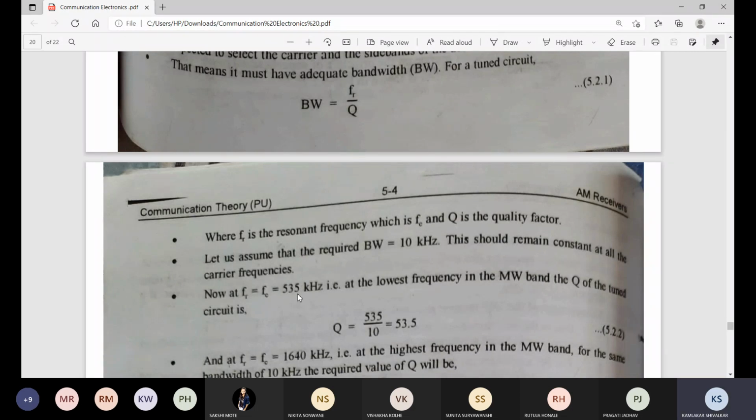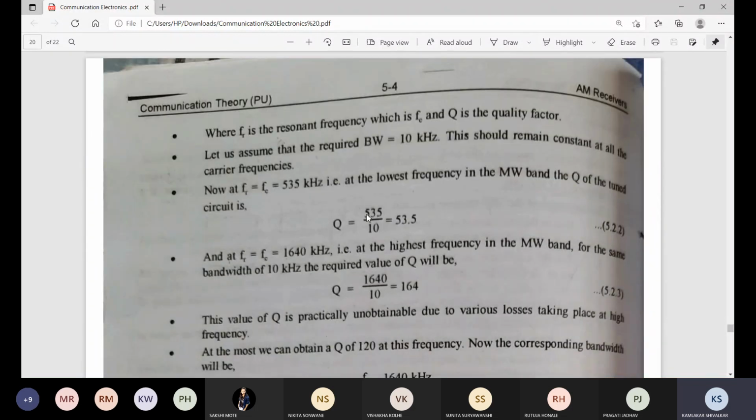Initial frequency 535 kilohertz, that is the lowest frequency in the medium wave band. The Q of the tuned circuit is Q equal to FC or FR upon bandwidth, that is 535 upon 10.